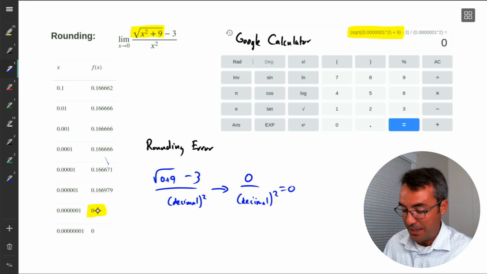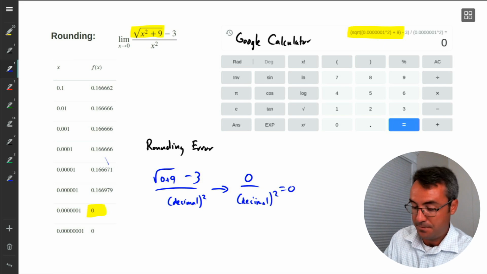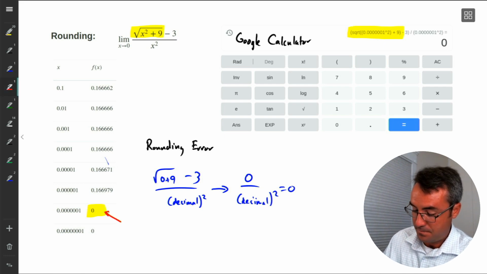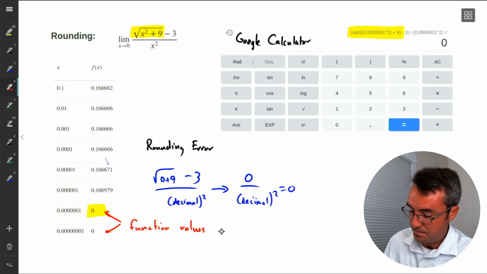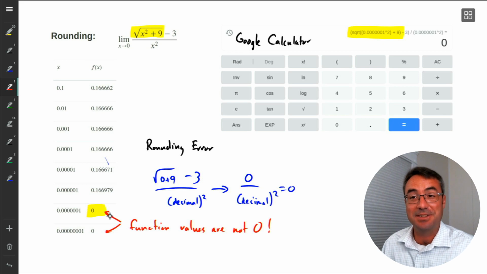And so that's why we're seeing from this point on, we're seeing all zeros here. The function values here are not actually 0, but the calculator is telling us it's 0.